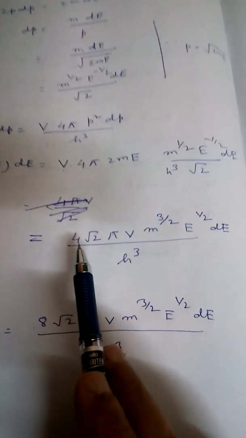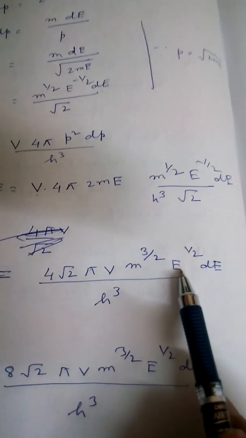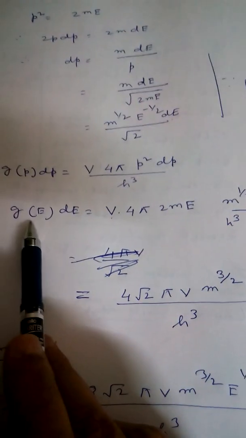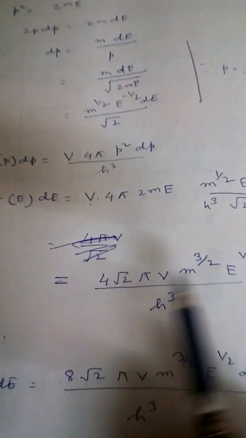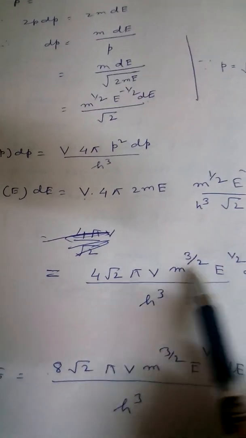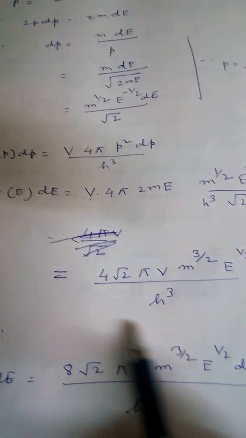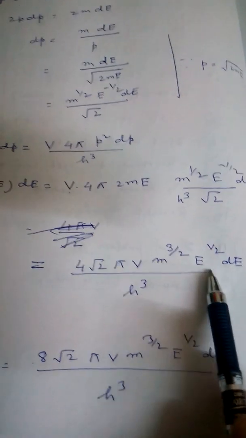And after simplification we have 4 root 2 pi V m to the power 3 by 2 by h cube, E to the power half into dE. So it is clear that density of state g(E) is found to be proportional to E to the power half. Since the remaining portion is constant, density of state is proportional to the square root of E.